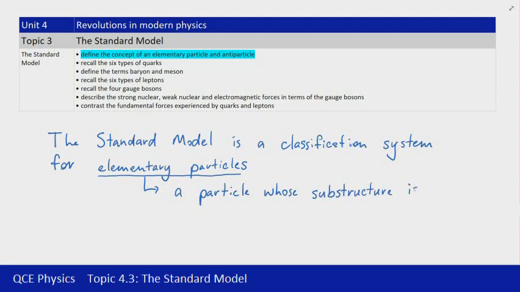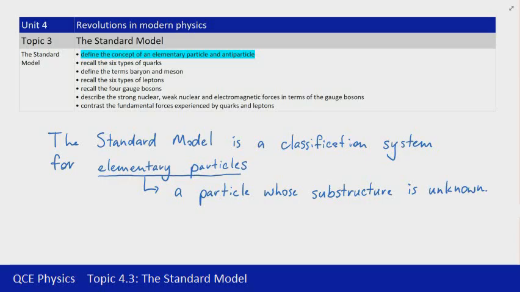Now, while we're dealing with elementary particles here, keep in mind that our understanding of elementary particles has developed over the years, beginning from the discovery of the electron really in 1897. Before that, atoms were thought of as being elementary particles, that they couldn't be broken down into anything smaller.